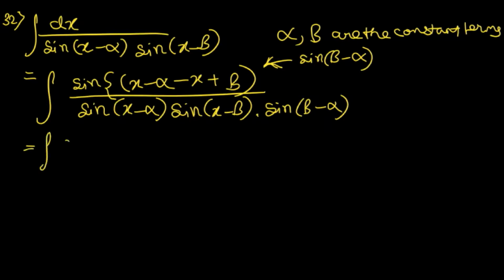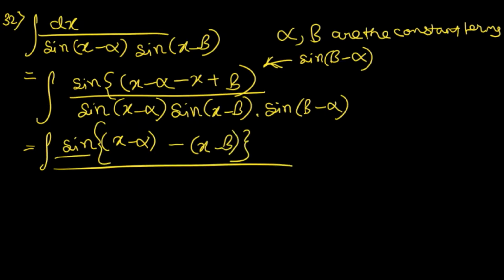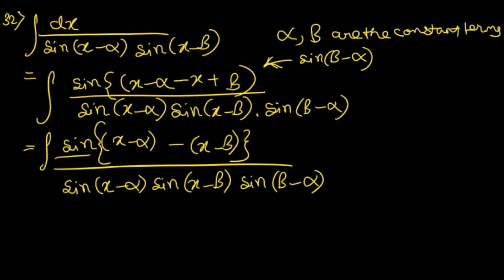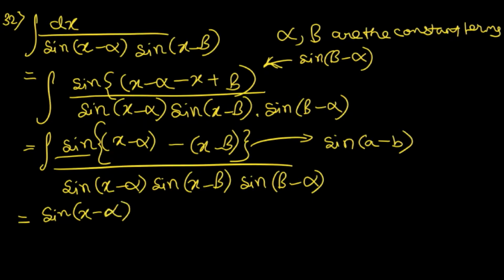So we can rearrange the numerator term like this: sine of (x − alpha) − (x − beta), obviously under the total sine term, divided by sine(x − alpha) sine(x − beta) and sine(beta − alpha). Now breaking this in accordance with the formula of sine(a − b), what does it give? Sine(x − alpha) cos(x − beta) − cos(x − alpha) sine(x − beta) dx.